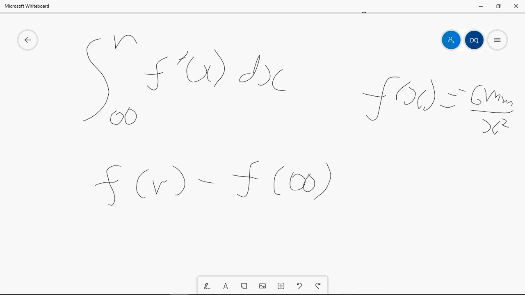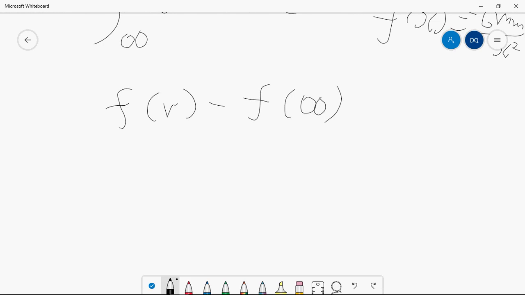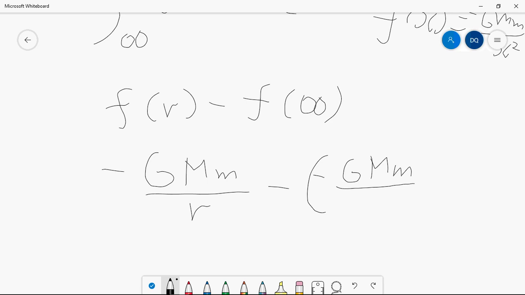So that's going to be negative G M m over r minus negative G M m over infinity.